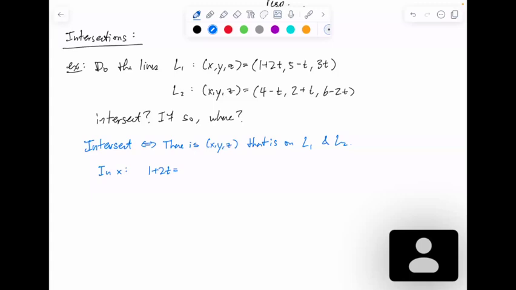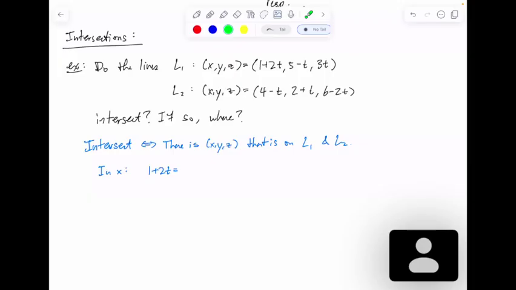Right, so intersecting here means a slightly different thing than colliding. I'm not asking if you have a particle moving according to this and a particle moving according to this, whether their trajectories collide. That would mean at the exact same time they reach the same point x, y, z. But it's very possible for the images of 2 lines in 3-dimensional space to have trajectories that cross each other, that intersect.